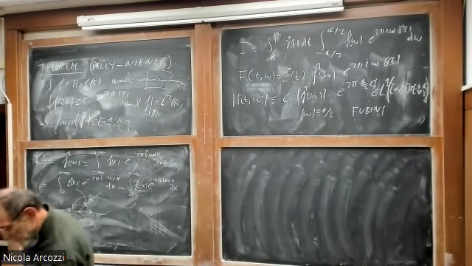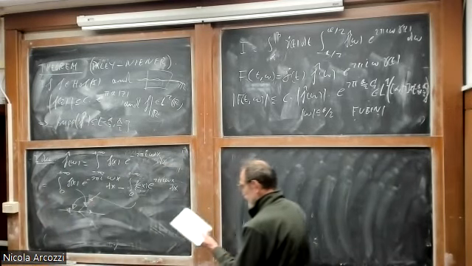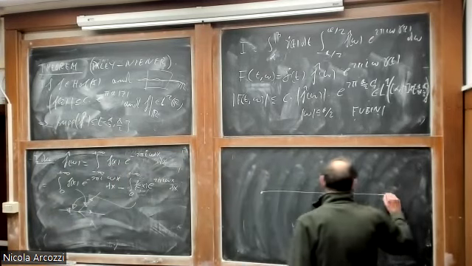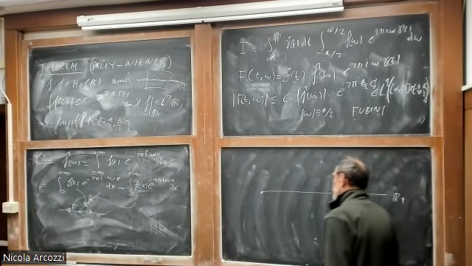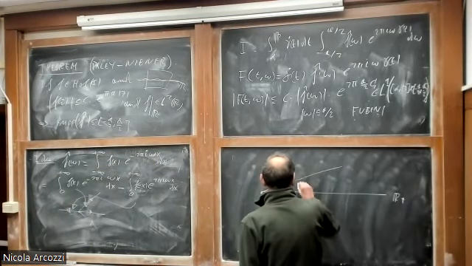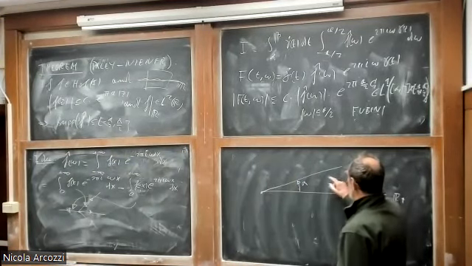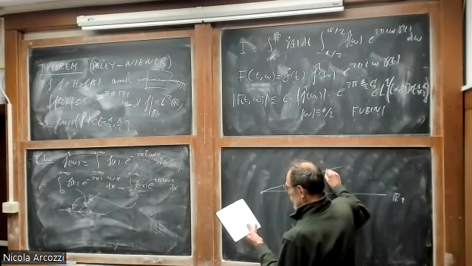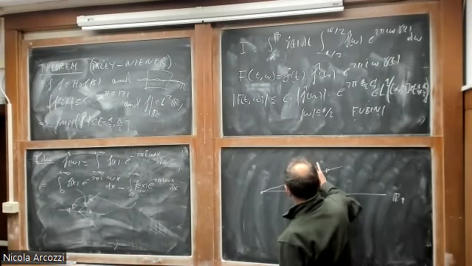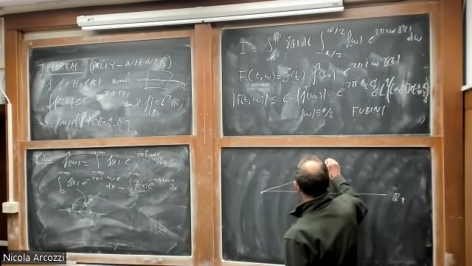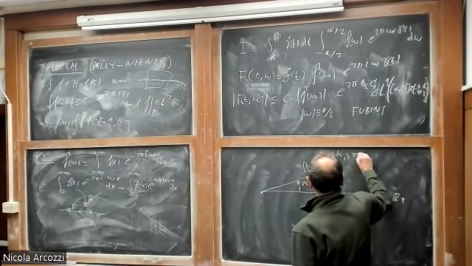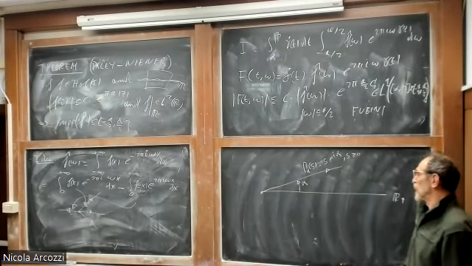Okay, maybe I should draw a picture. Okay, this is the complex plane, this is the positive real axis. Now, if I have an angle alpha, which may be positive or negative, I call these lines gamma alpha, which is like x e to the i alpha. Here, this line.